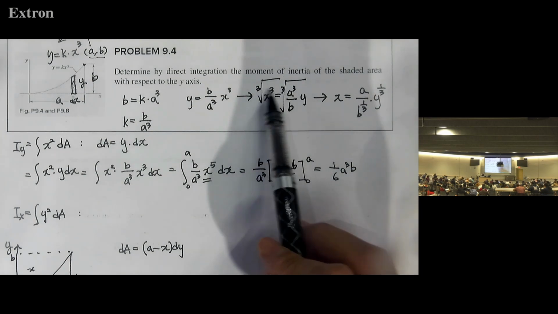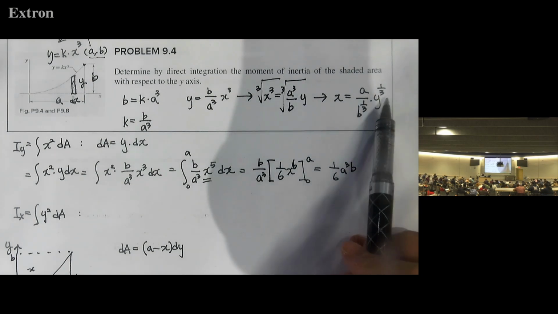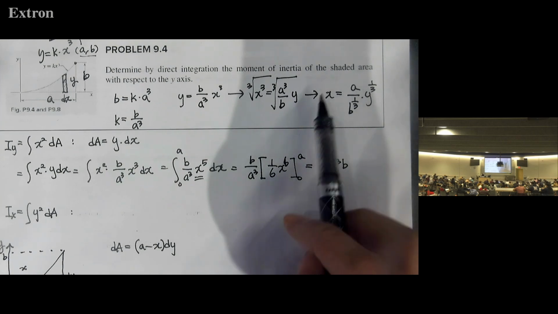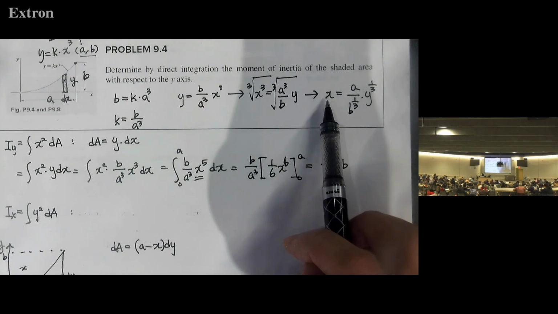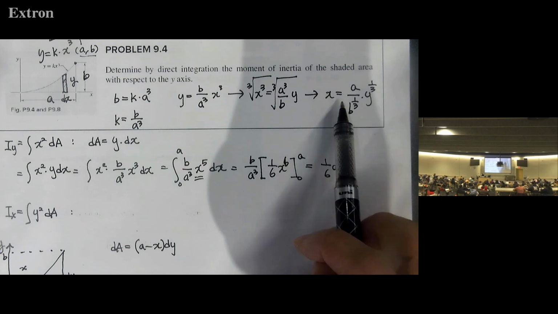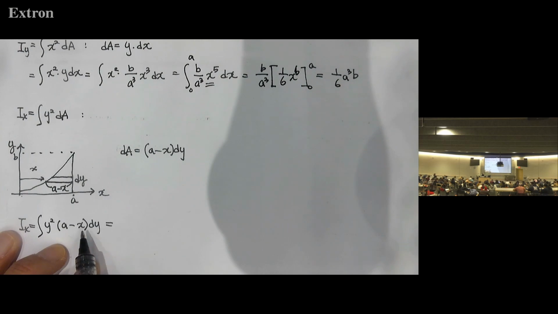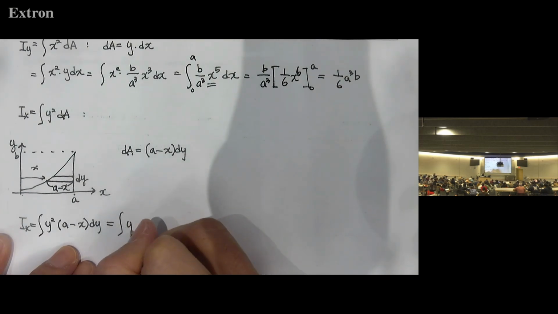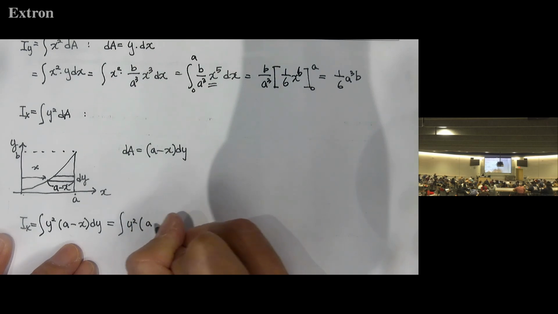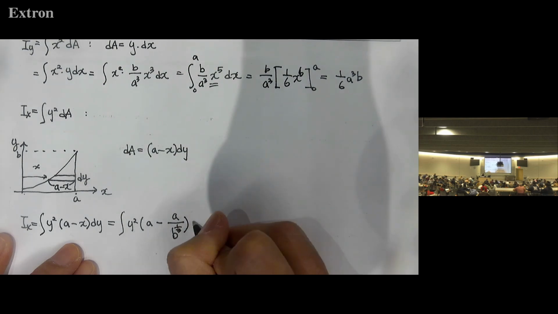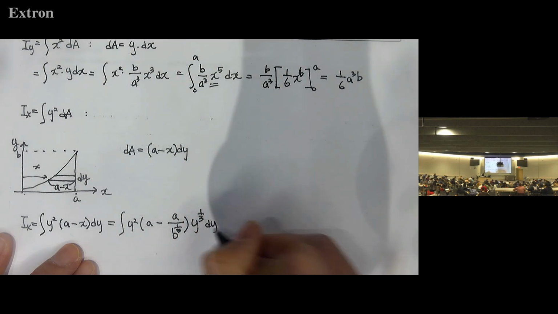So instead of this, I recommend using this equation because it's easier to integrate. Once we do this, we can substitute x to make everything in terms of y. So y squared times a minus x, where x was a over b to the 1/3 times y to the 1/3, and then dy.